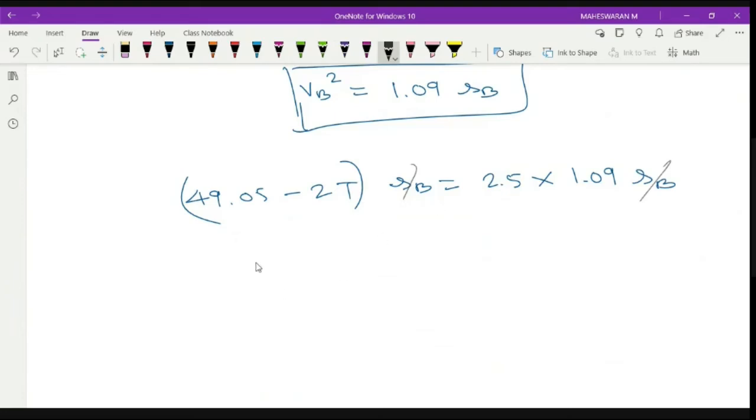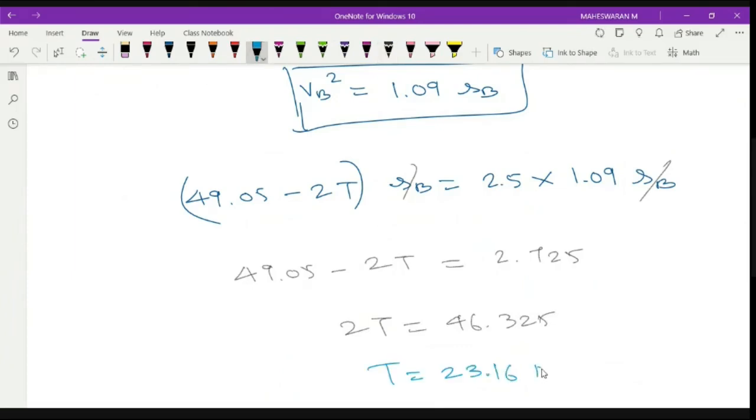Just cross multiply. 49.05 minus 2t is equal to 2.5 into 1.09, so I'll get 2.725. So 2t will be equal to 49.05 minus 2.725. Totally you will get 46.325. So you will get the value of T, 23.16 Newton.